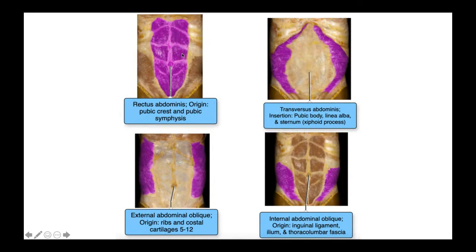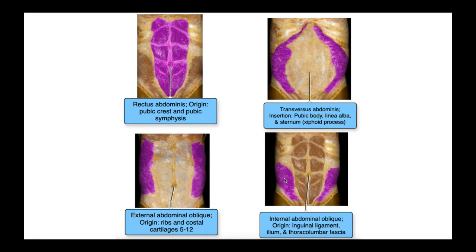And again, rectus abdominis, the origin is the pubic crest and the pubic symphysis, whereas the insertion is going to be the xiphoid and ribs 5, 6, 7. Here's the transverse abdominis. You can see those fibers running transversely. Here's the external obliques, and then the internal obliques. They kind of run perpendicular.